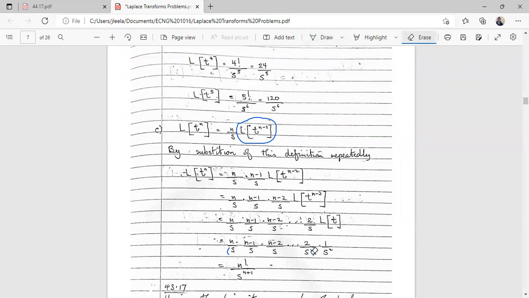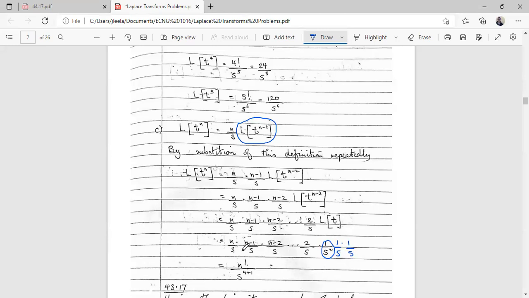I could write this a better way. What I could do here, I could separate this one, 1 over s squared as 1 by 1 over s.